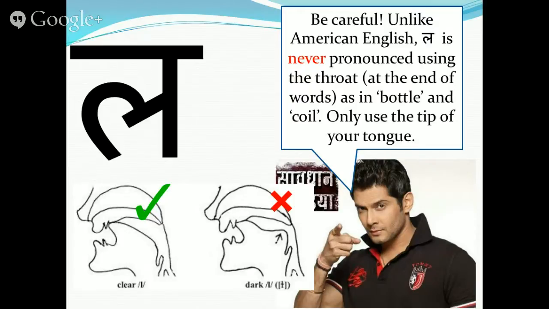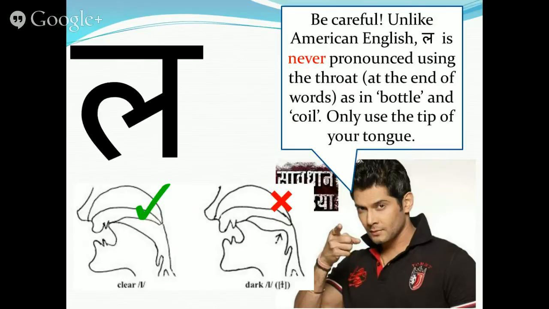But then it has a slightly different sound in words like bottle, coil. So in American English, we have two L sounds. One is for when it's at the beginning, and one is for when it's at the end of words.